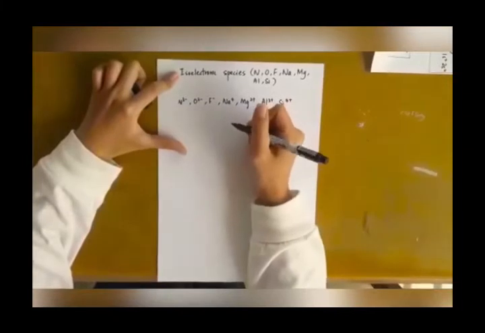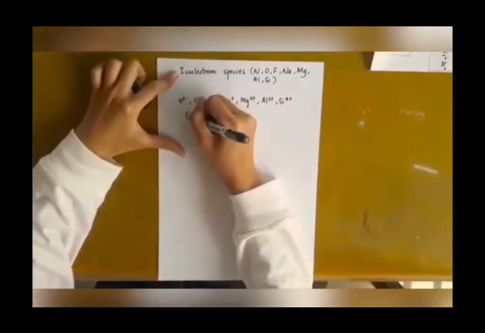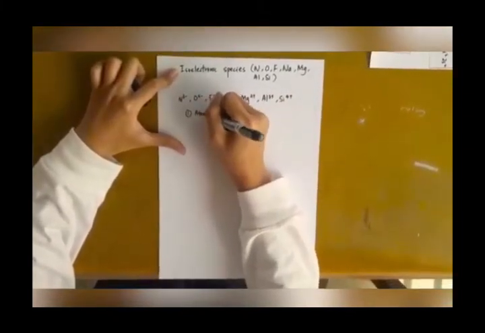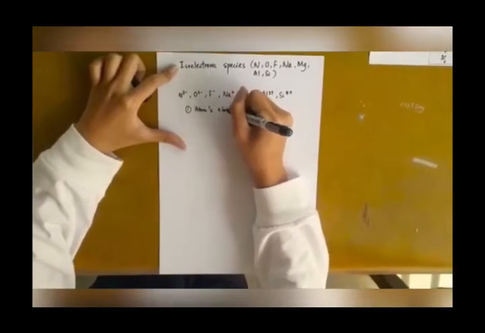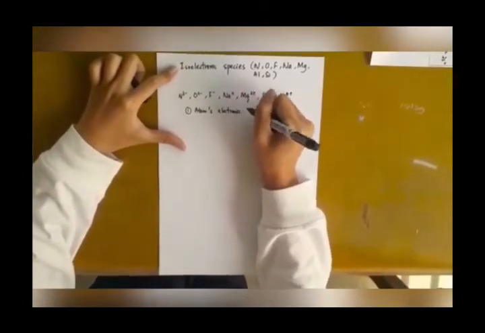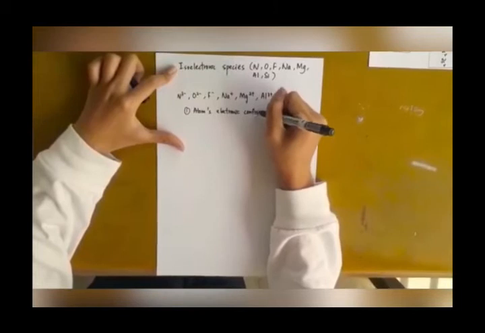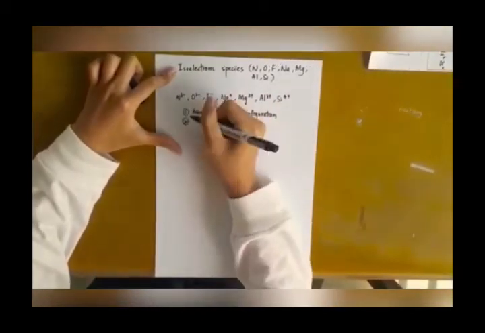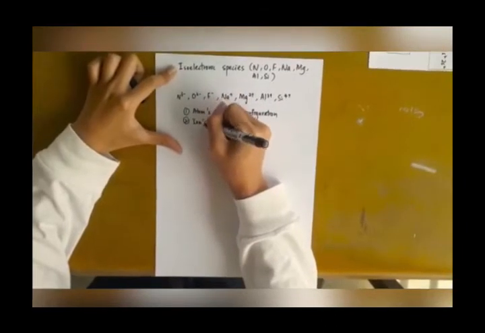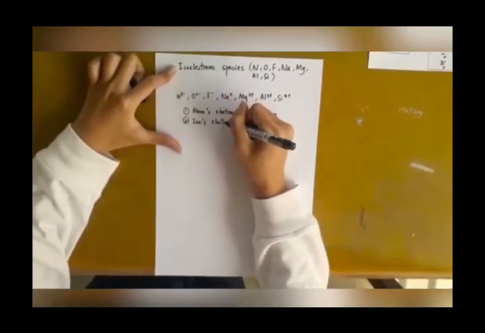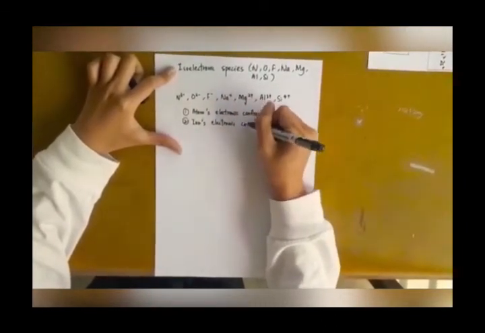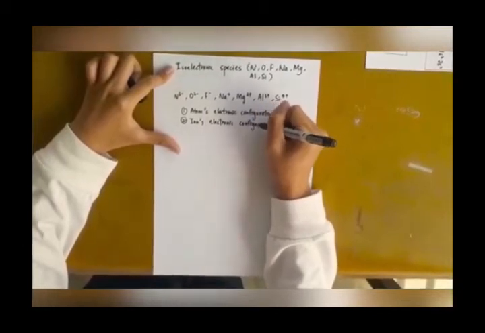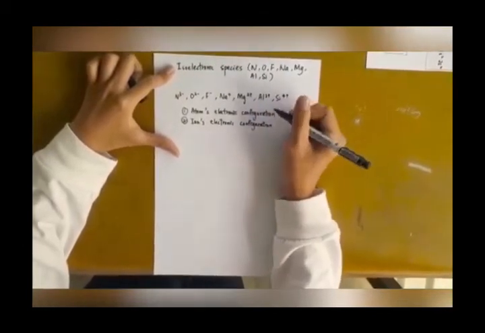So firstly, we need to write down the atom's electronic configuration first. Second step is write down the ions electronic configuration. Okay.